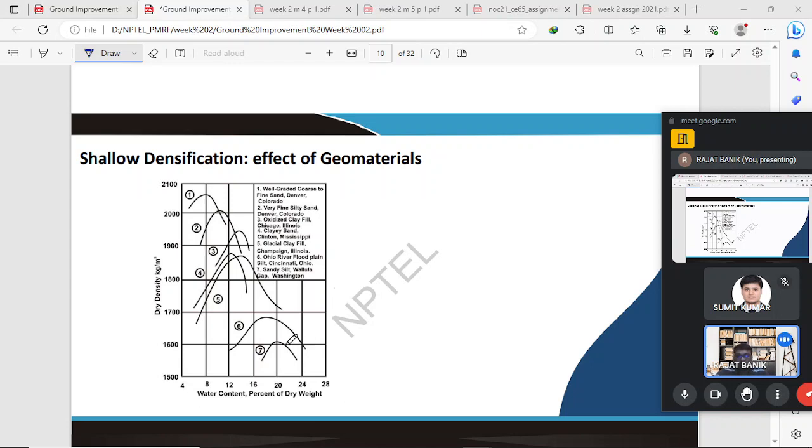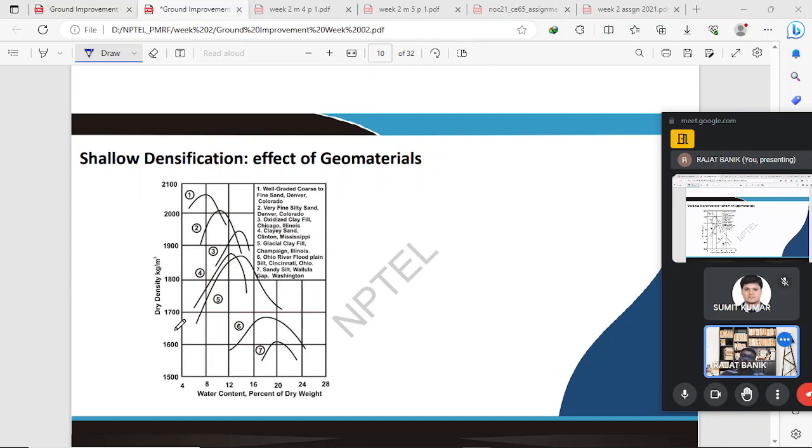sandy silt. Here we see that for well graded soil, the maximum dry density achieved is the highest compared to any other type of geomaterial. It is also achieved at a lower water content.